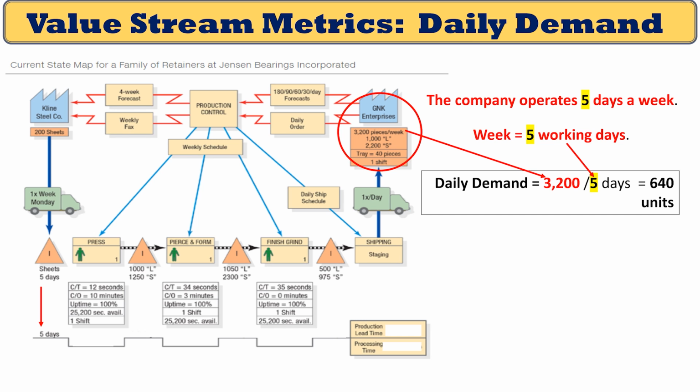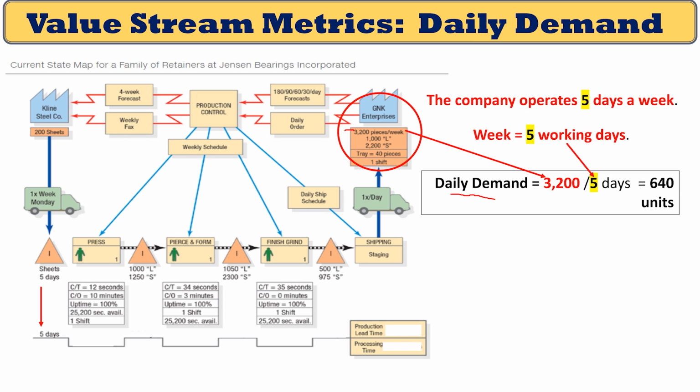You have this information from your map that says the demand is 3,200 units per week. Because the company operates 5 days a week, we're first going to calculate the daily demand.